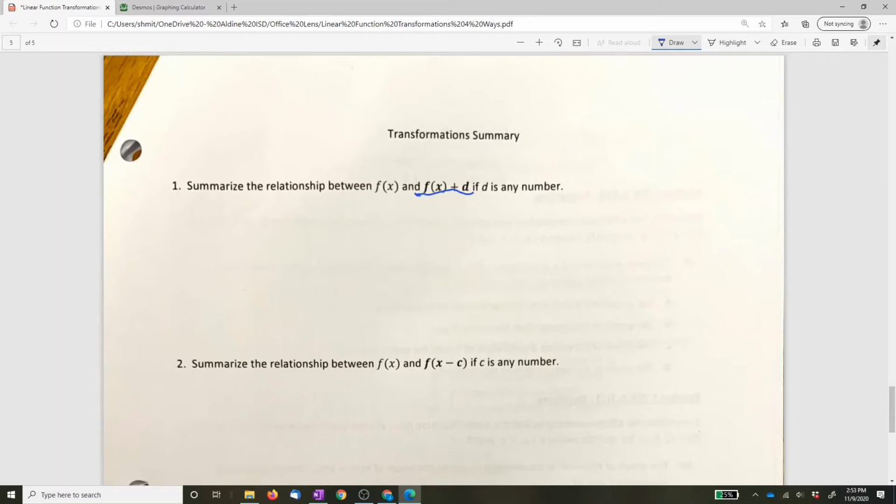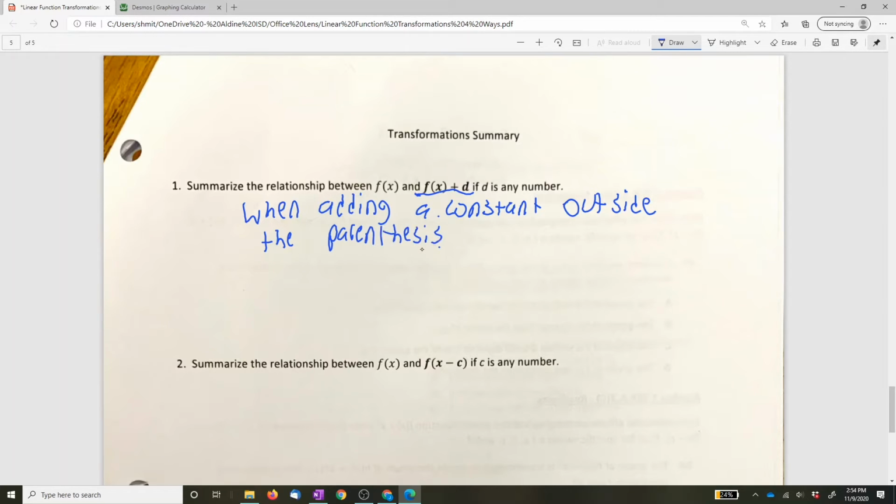If you have a number and you're adding it to the outside of the function, when adding a constant outside the parentheses of a function, we have to be specific, because in that number 2, that's when you're adding or subtracting inside of the parentheses.